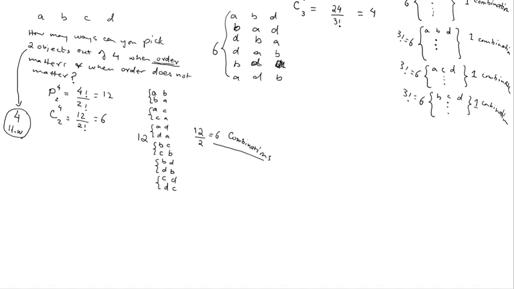When A comes first, it's a different order. B comes first, that's a different order. Whenever order matters, then you call it a permutation. And then you just use the multiplication. You don't even have to call it a permutation. You can just use the multiplication rule. Really, everything that is behind these two formulas is the multiplication rule.